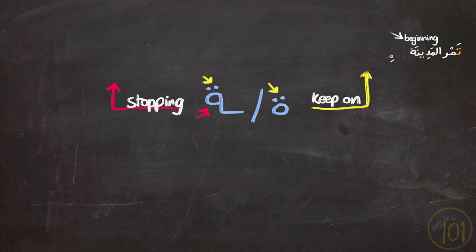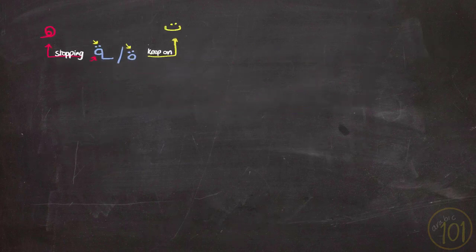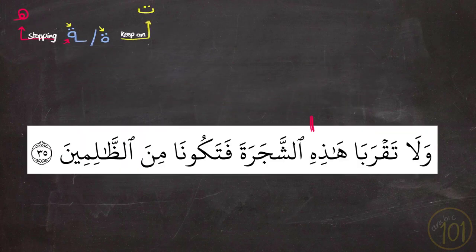And in order to get this point completely, let's have a look at some examples in context from the Holy Quran. I'm going to stop at each word that ends with ha or ta مربوطة, so that you would notice the difference between when I stop at it and when I keep on reading.